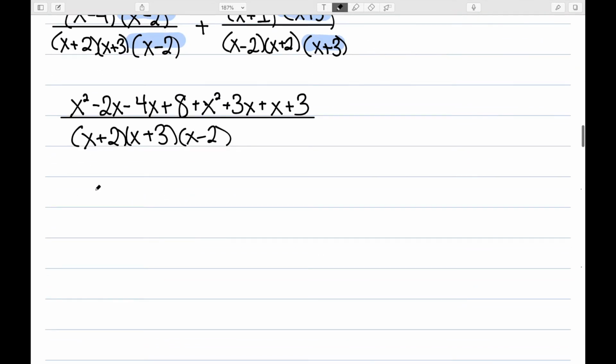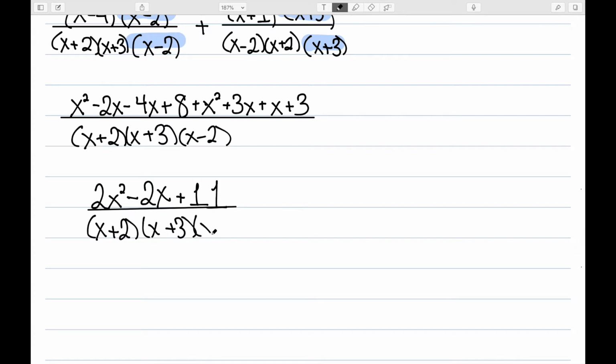I can then add. I have 2 x squared terms. I have a minus 2x minus 4x, that gives me negative 6x. Plus 3x gives me negative 3x. Plus x gives me minus 2x. And then I have an 8 and a 3 to get 11. All over my denominator, x plus 2, x plus 3, x minus 2.